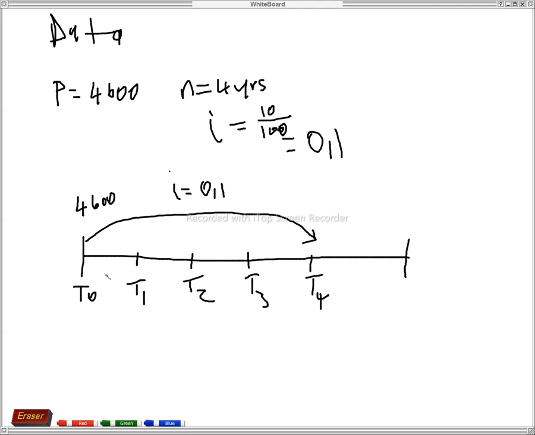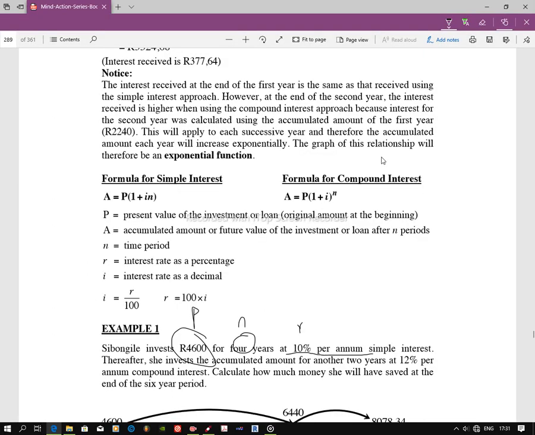This is 4 years that she invested that money, and then she reinvested the accumulated amount, which we don't know and must calculate, from T4 to T5 and T6, for another 2 years, at 12% per annum compound interest.